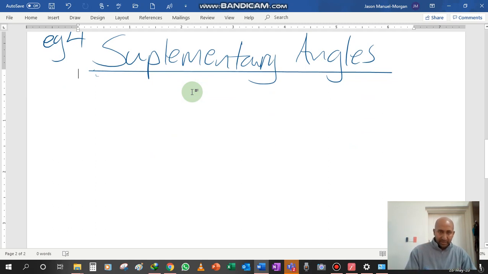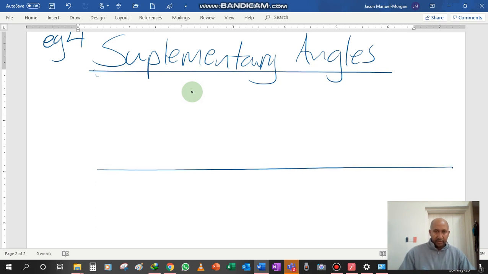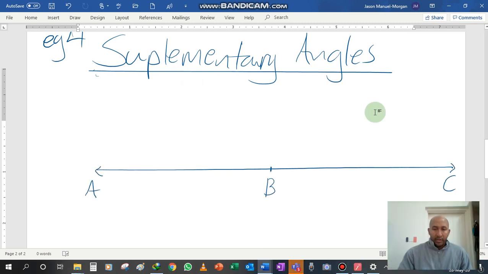The only difference is a supplementary angle is simply calculated along a straight line, and our straight line has got our intersection or our rotation point there. And around this rotation point we've got this angle opening.